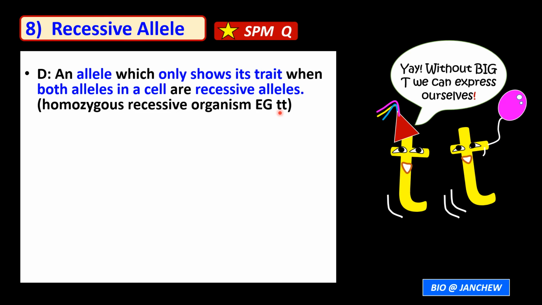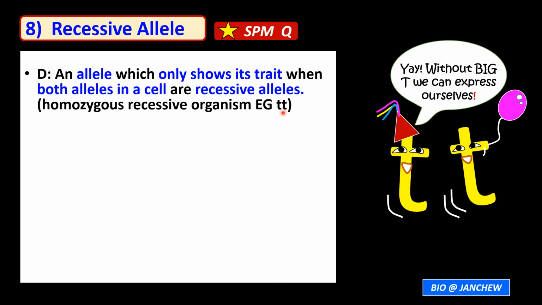So it will only show its trait if both the alleles in the organism, or in the diploid cell, are recessive alleles. That means both are small t alleles.